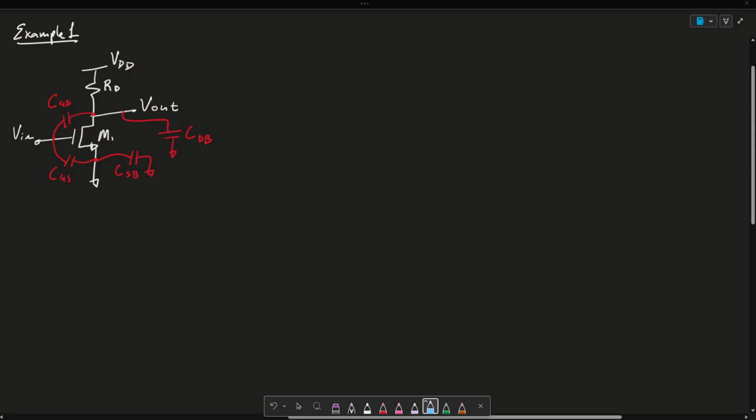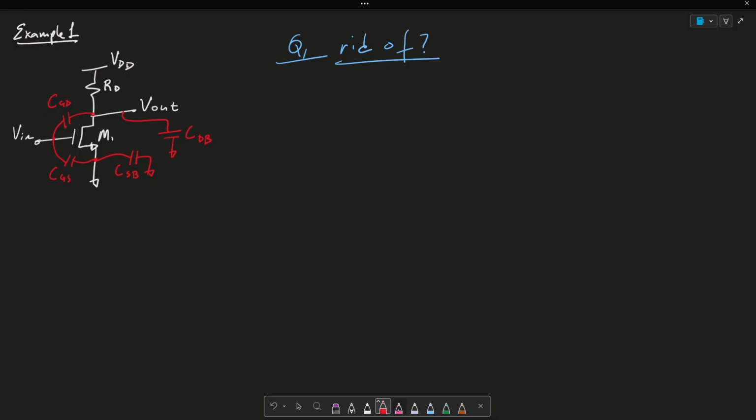For the first example, the first question asks us, which capacitor can we get rid of? In this situation, you can notice that we can get rid of CSB. The reason why is because on both sides, it's connected to ground. So we can get rid of it.